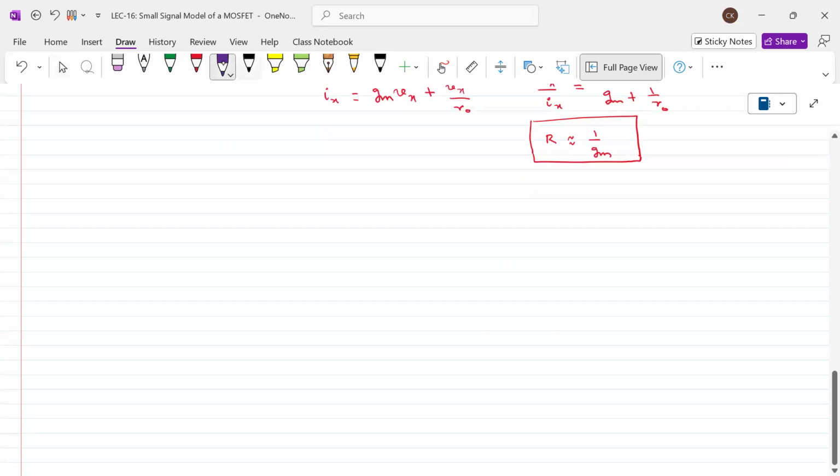For example, example number 3. I have something like this. I want to stand here at the source and calculate the resistance from here, at the source.